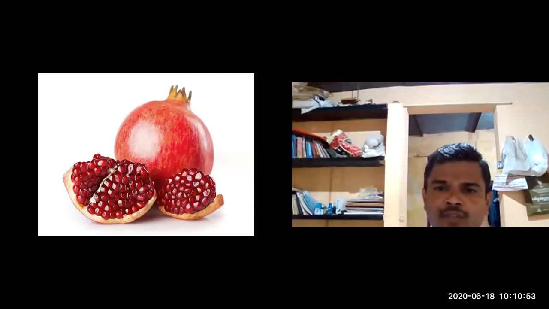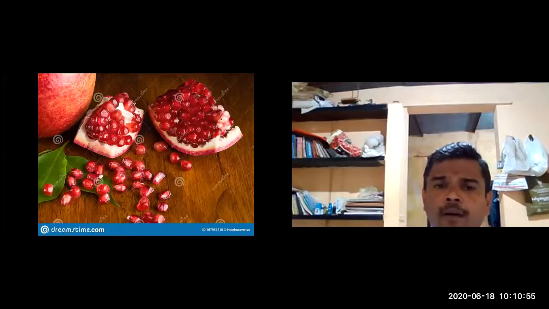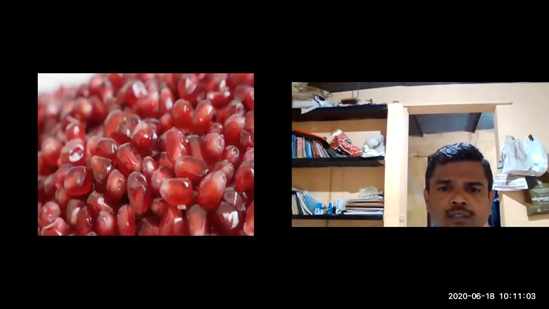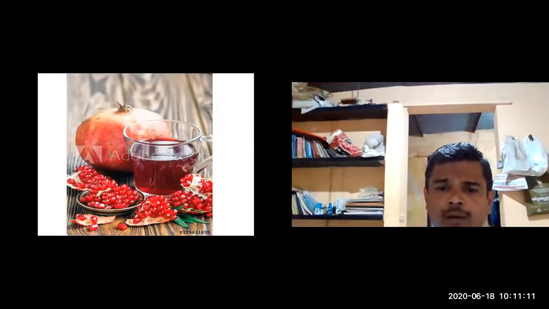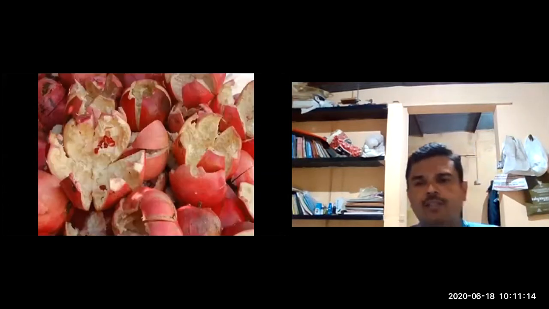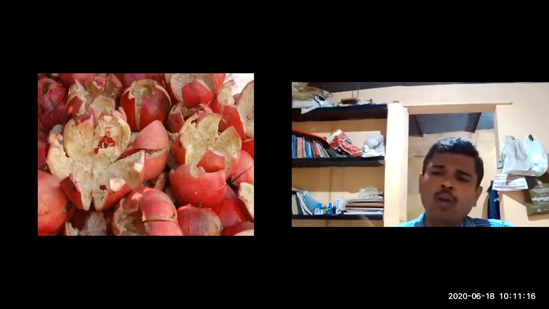This is another picture which shows the seeds of dadima. So this is another picture of dadima, where you can observe the fruit with the seeds. So the juice of dadima, yes, the medicinal values, that is what we have observed.